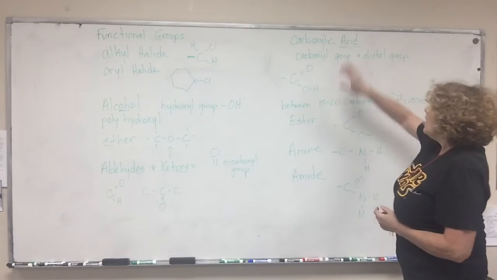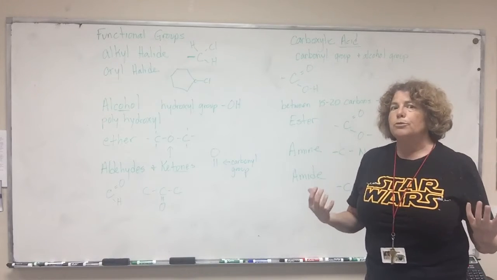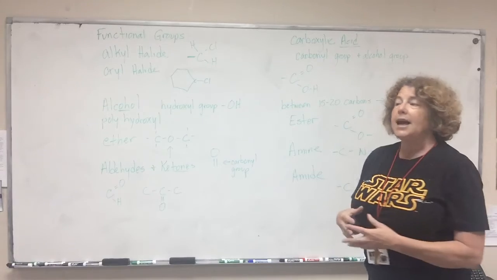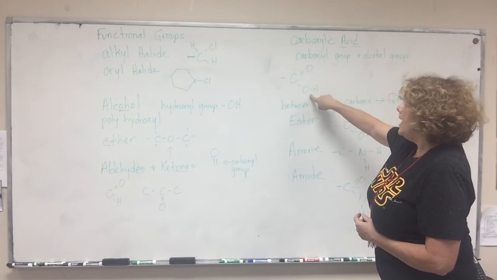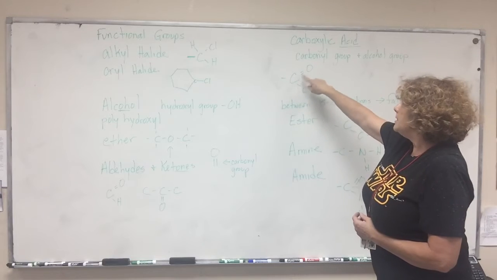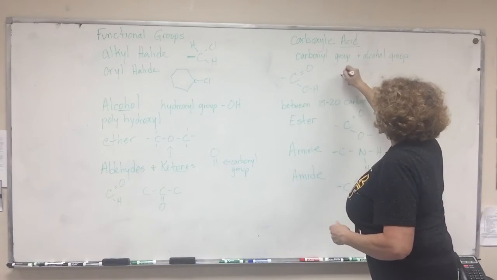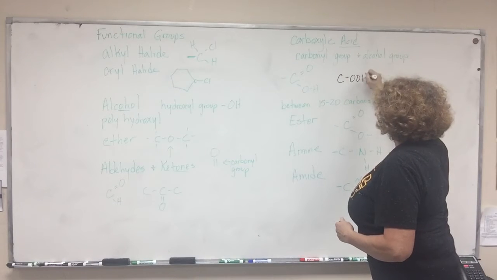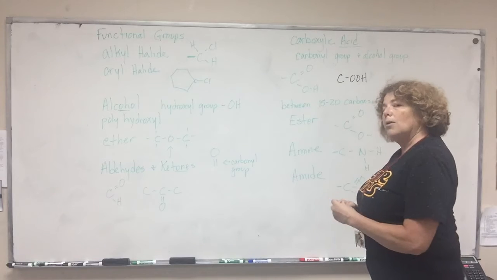Next is something called carboxylic acids. And if you remember, organic acids are the biggest group of acids and they're weak acids. And carboxylic acids have a carbonyl group on them and an alcohol group. So they form COOH. A lot of time when you see them written, it'll be written like this. Or you'll actually see the formula with the OOH on the end.